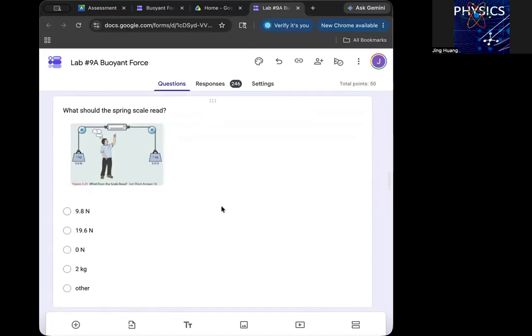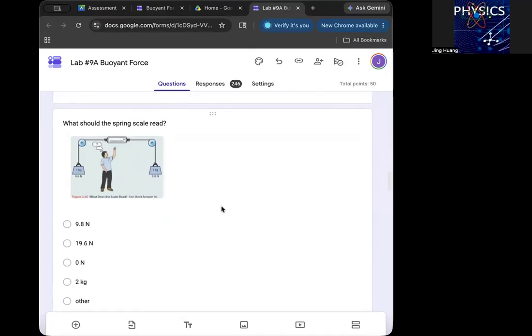Before we go forward, we want to review tension force. If we have two objects hanging on two sides and we have a scale in the middle, a lot of people would think if you have 9.8 newtons on the left and 9.8 newtons on the right, then your scale should read 19.6. In fact, it's not.